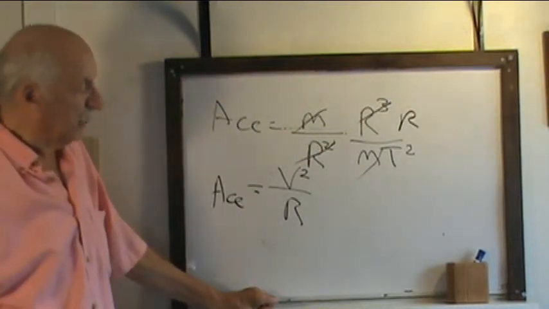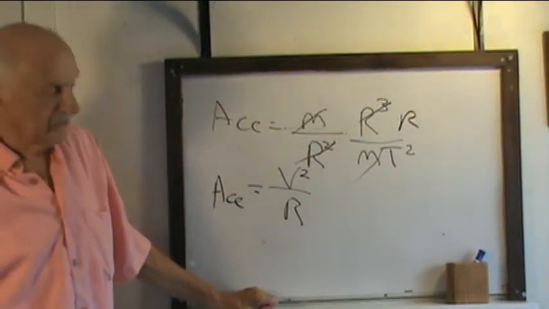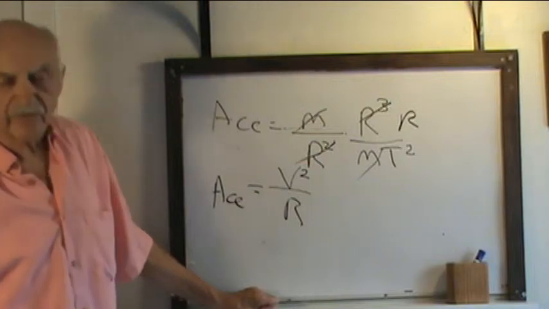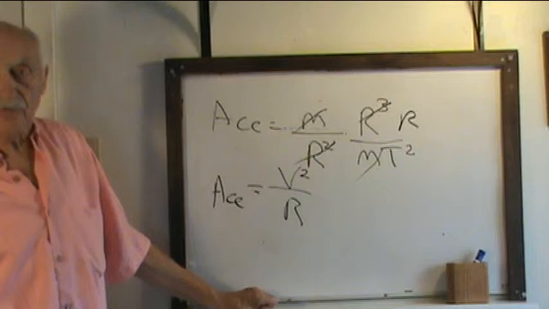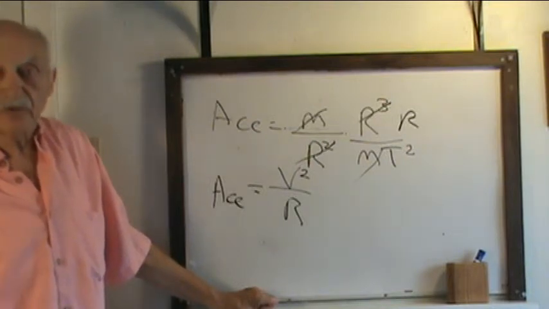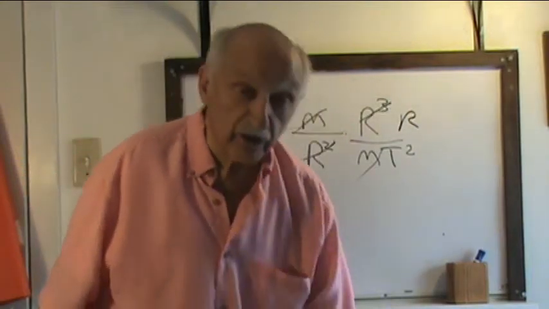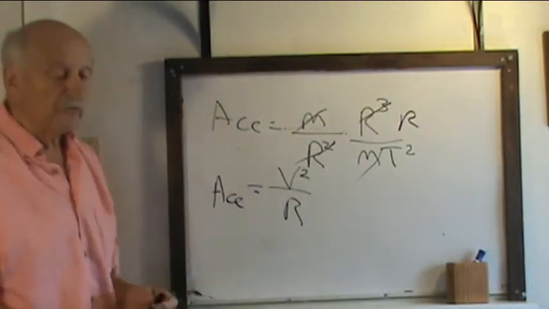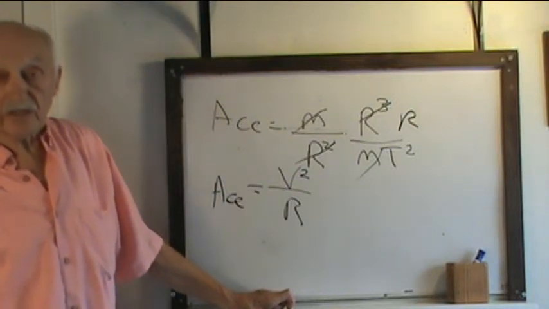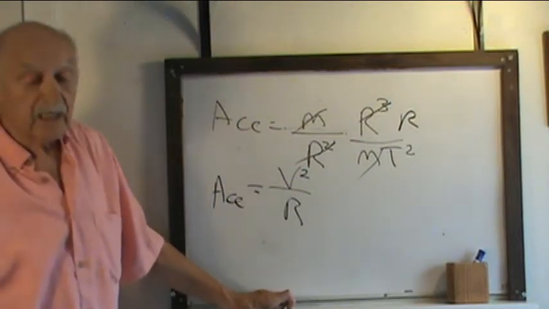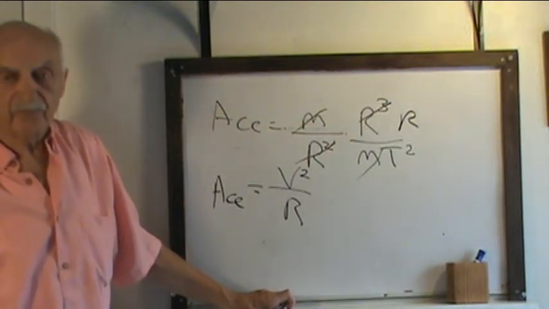But really, what gives gravity its value is that gravity is the reaction to centrifugal force, and therefore exactly equal to it. And that answers the question as to where the inverse square law comes from, because the centrifugal force is inversely proportional to the square of the distance. So that's what we learned from that, and I'll go into more detail in a later video. Thank you for watching.